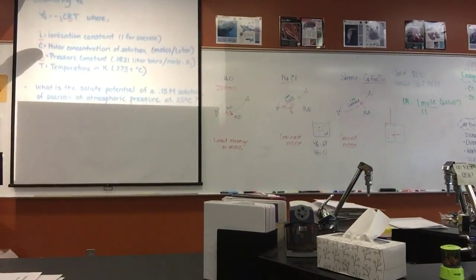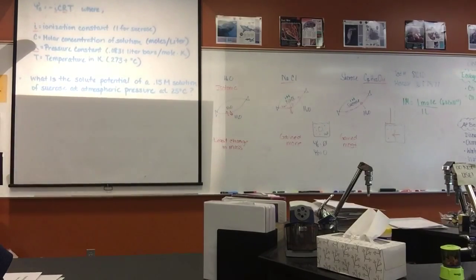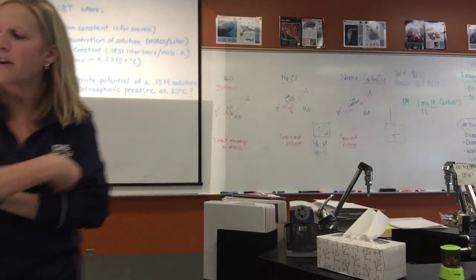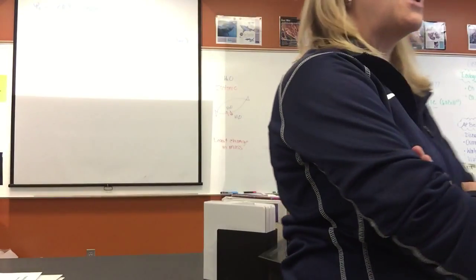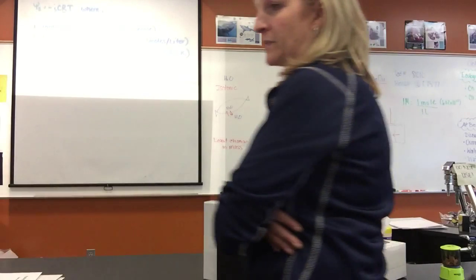So let's apply this to a problem here. What I'd like you to do is figure out what is the solute potential of a 0.15 molar solution of sucrose at atmospheric pressure at 25 degrees Celsius.